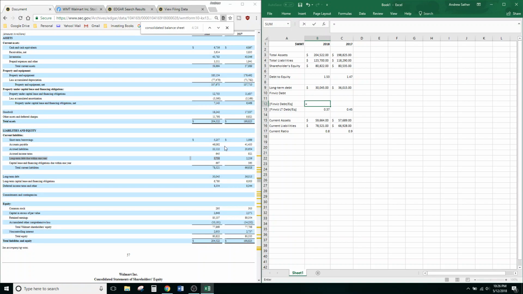So here, 52.57. Here, 37.38. And here, the long-term debt. And we'll just take it from here. And I did it completely in the wrong spot. Okay. And then this one would be the same thing. So short-term borrowings, 1099.